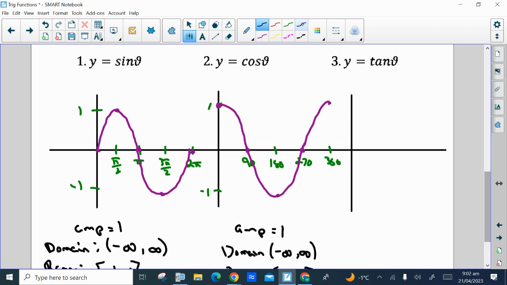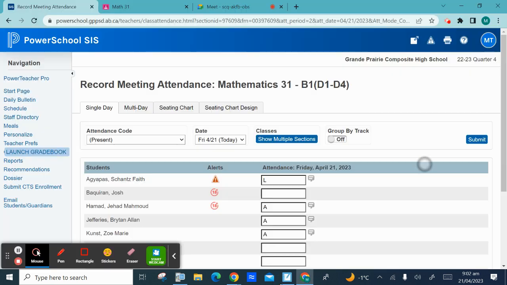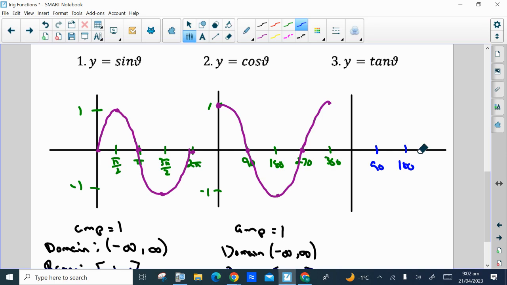We saw that the graph of tangent was completely different. It did have critical points at every 90 degrees or pi on 2 radians. But one of the biggest differences is that these graphs have no amplitude, but they do have vertical asymptotes.